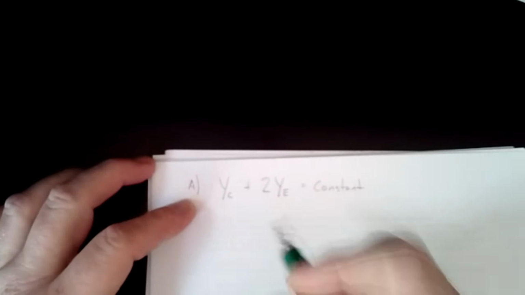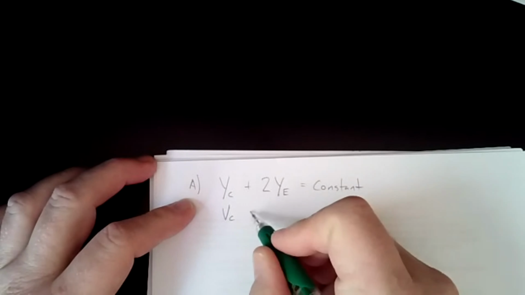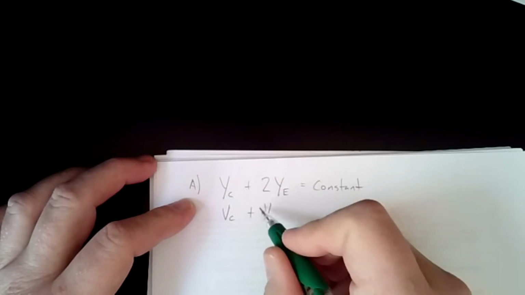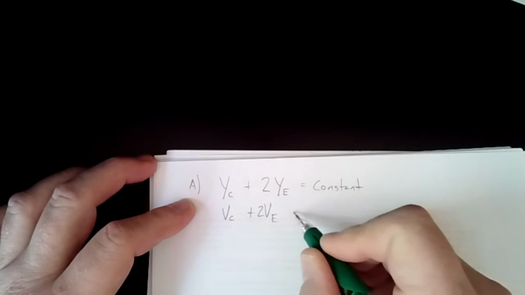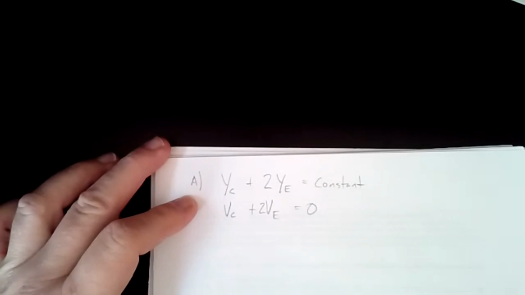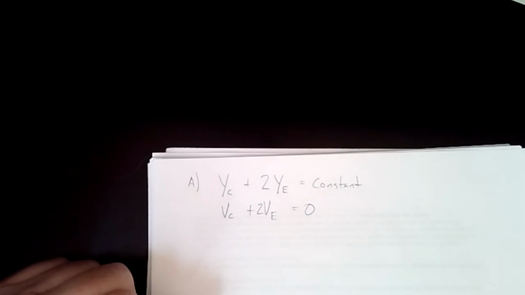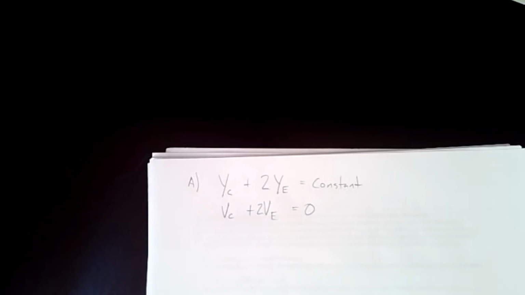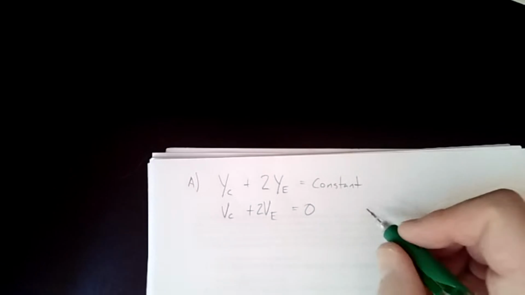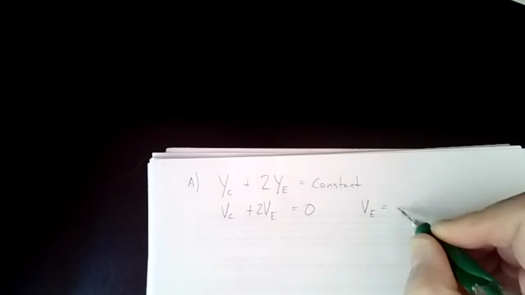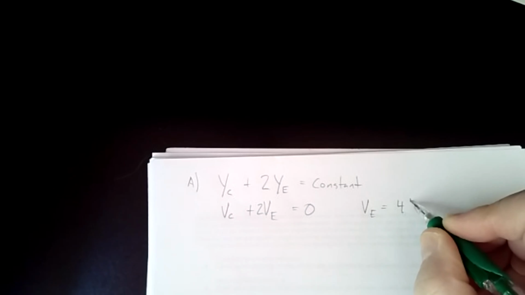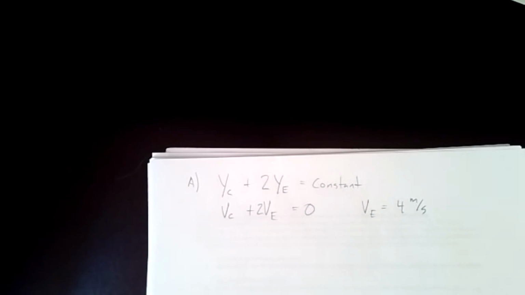And then we know that if we take the time derivative, we get VC plus 2VE equals 0. But remember from the problem, if we look at the writing of the problem, we're given that VE is positive 4 meters per second.